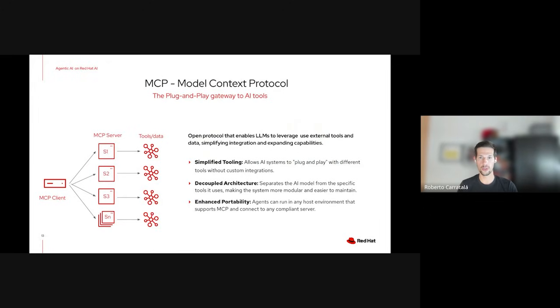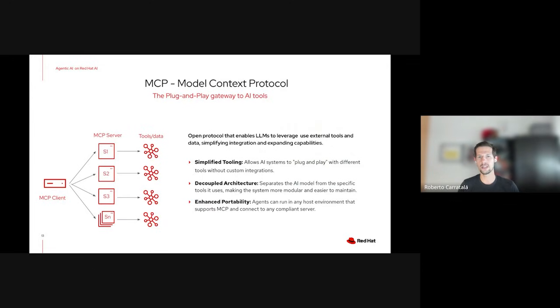Model Context Protocol is a very hot topic, and it's an open protocol introduced by Anthropic, and it allows systems to provide context to AI models in a consistent and integration agnostic way. It's like a USB Type-C for the different external tools that we have.